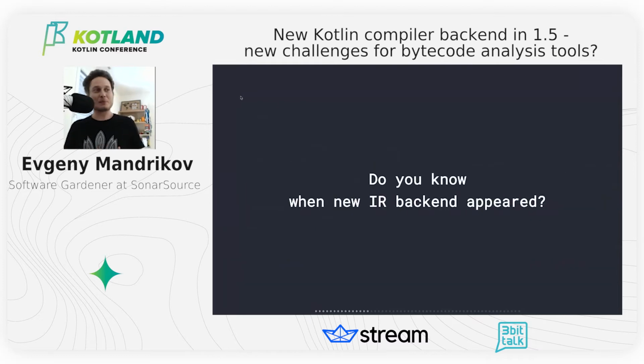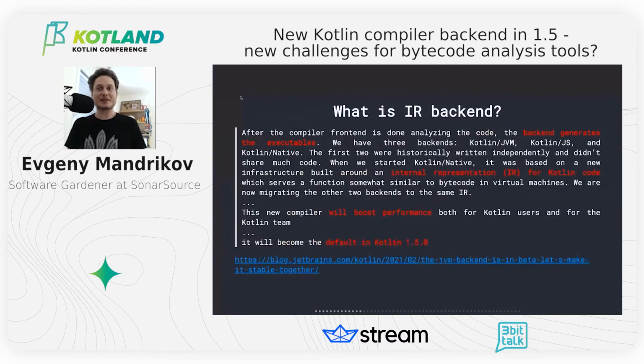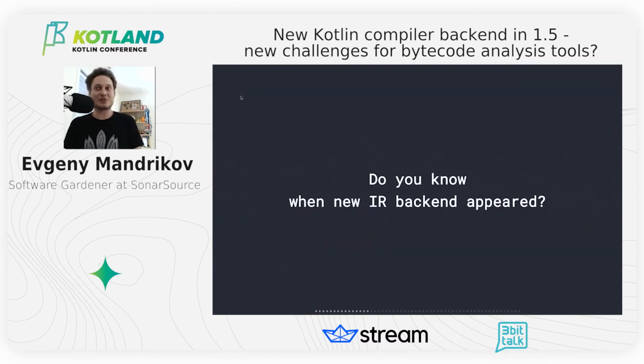So for us, more interesting to know is when the new IR backend really appeared, when we could have started testing it. And well, we might say that Kotlin 1.5 was not released earlier than February 2021, and probably first versions of new IR backend were around those dates, right?